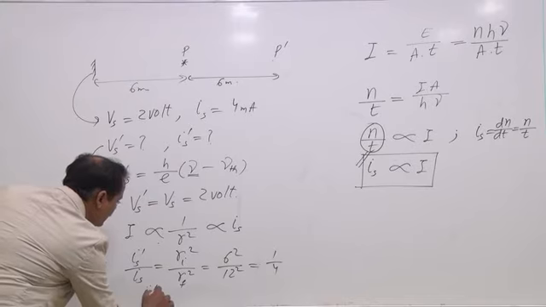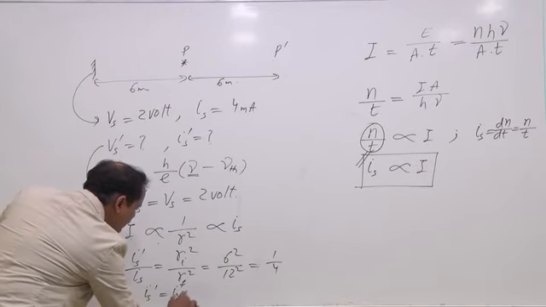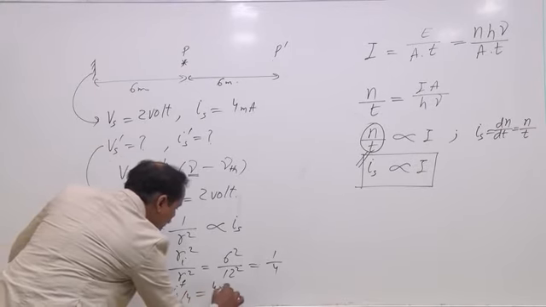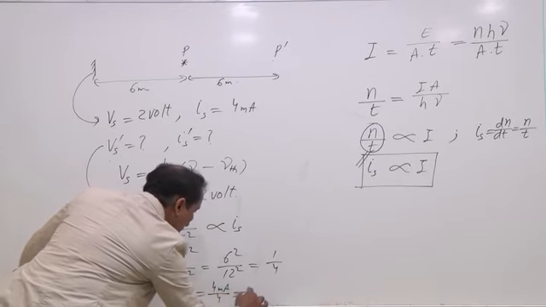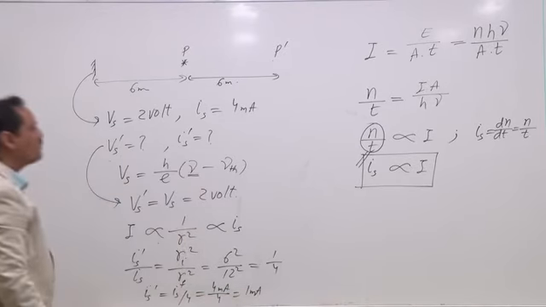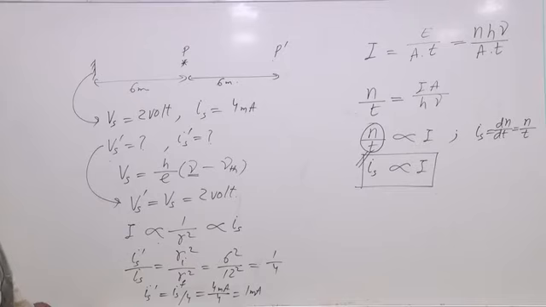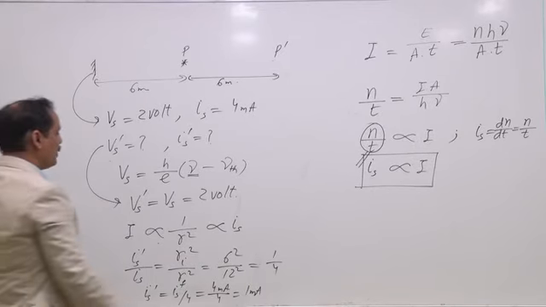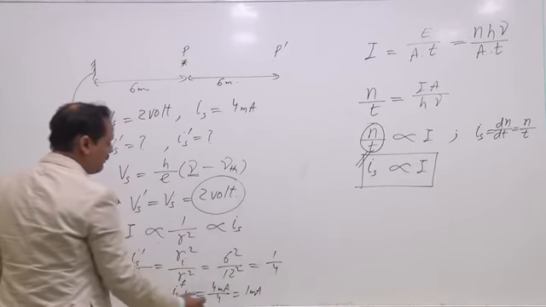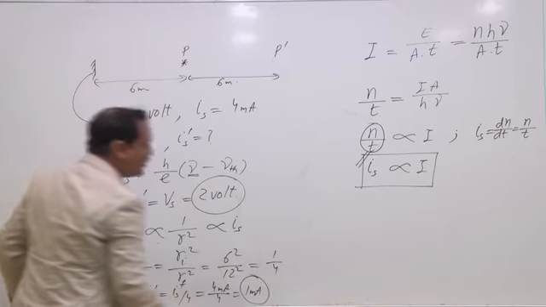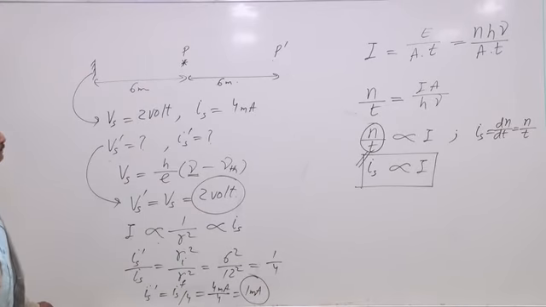So Is dash is Is upon 4, that is 4 milliampere by 4, or 1 milliampere. So stopping potential remains 2 volt, while saturation current becomes 1 milliampere.